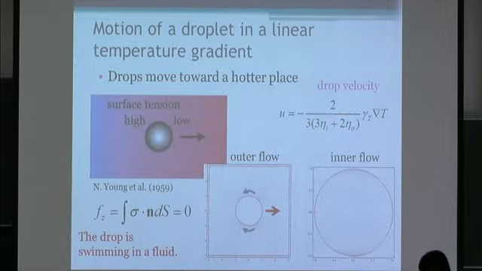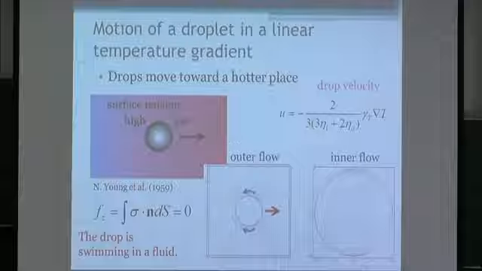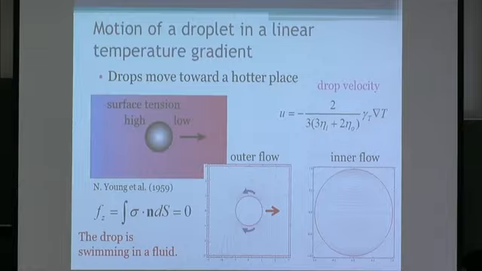So the force-free condition means that the stress tensor times the normal vector, integrated over the interface, goes to 0. This is the actual condition determining the velocity of the droplet, which is described like this.